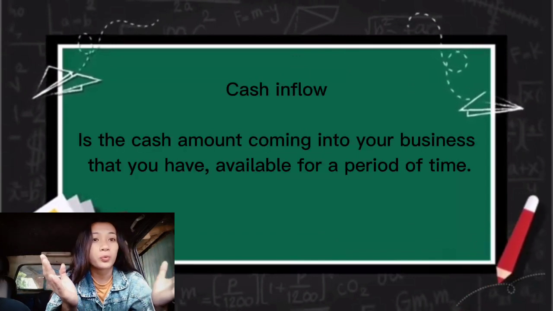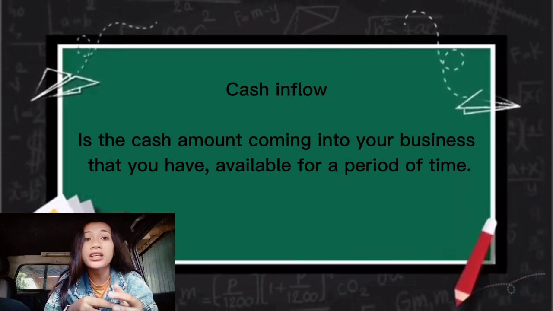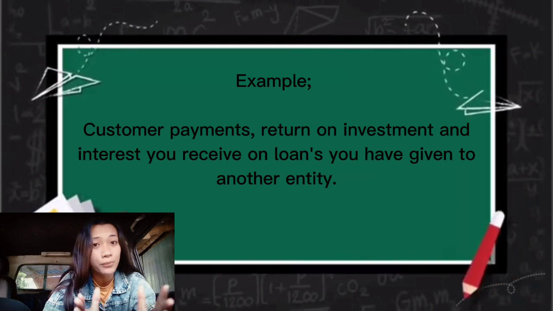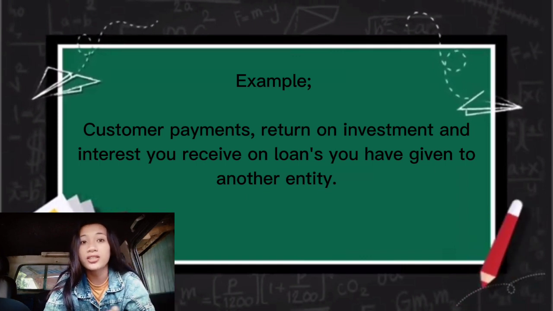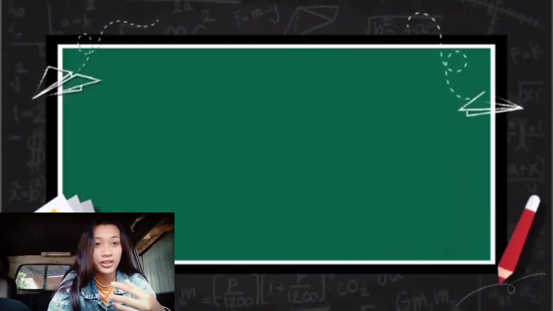Difference between these two: cash inflow is the net cash amount coming into your business that you have available for a period of time. Example, customer payments, returns on investments, and interest you receive on loans you have given to another entity.